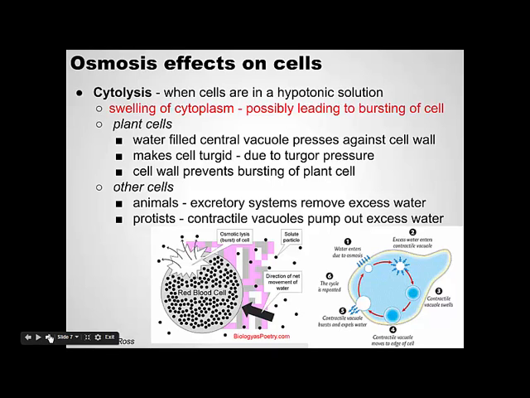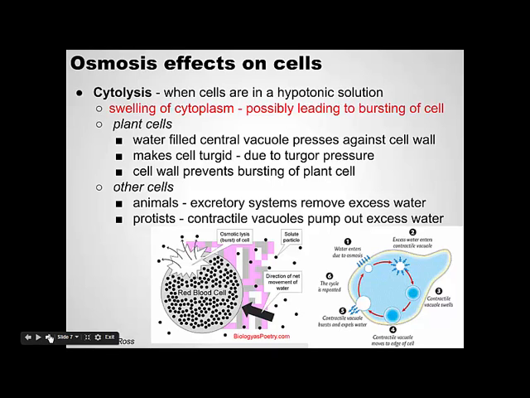A cell wall, which after it's formed is non-flexible. It's basically a little shell around the plant cell. So you can imagine as you fill that central vacuole with water, it starts pushing against that cell wall, and it makes the plant cell what we call turgid. It has turgor pressure. That's the pressure of this vacuole pushing against the cell wall, and that keeps plant cells upright.